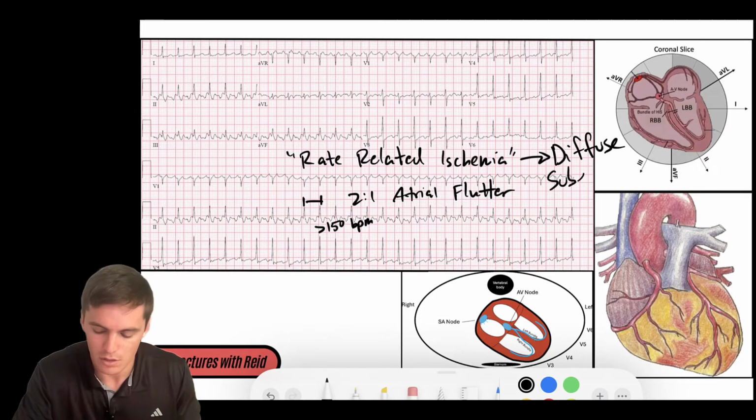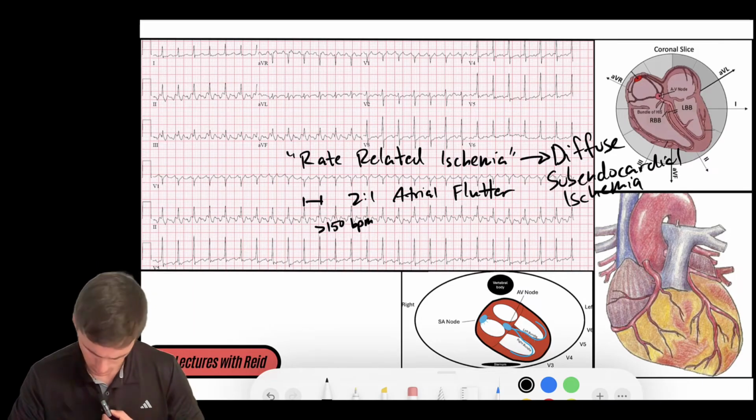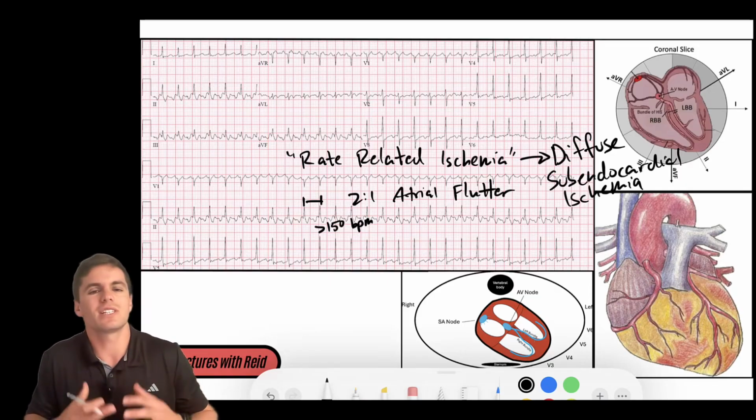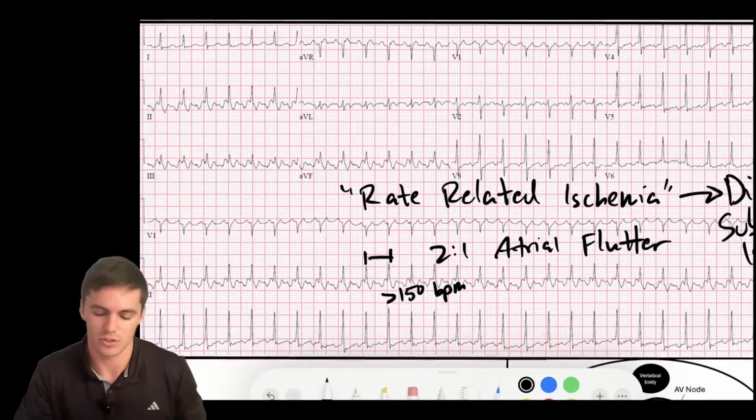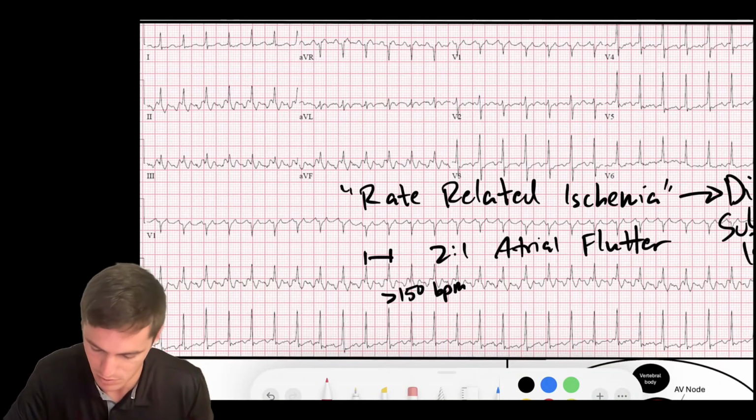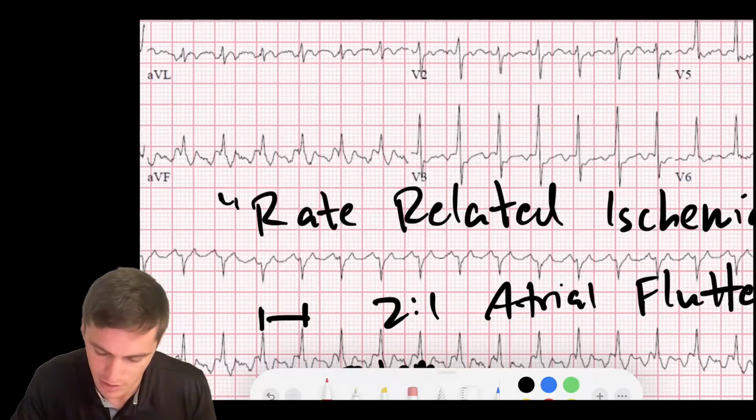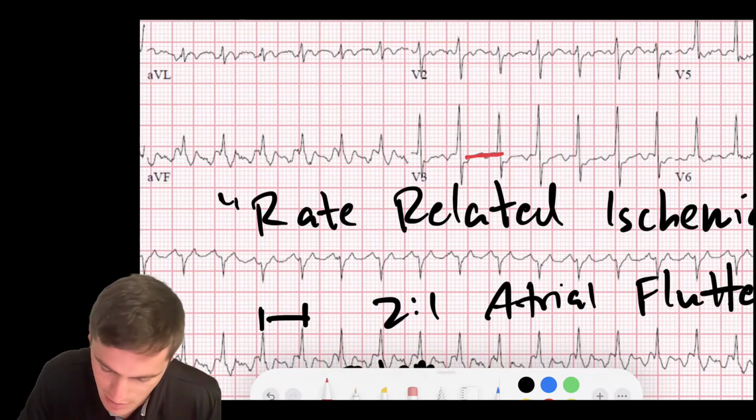diffuse subendocardial ischemia. So we have diffuse subendocardial ischemia, which means you're going to see non-focal ST segment changes. So just briefly, before we jump into all the STEMIs, which is what we're all here for, take a look. We see our baseline, and then you see your ST segment.